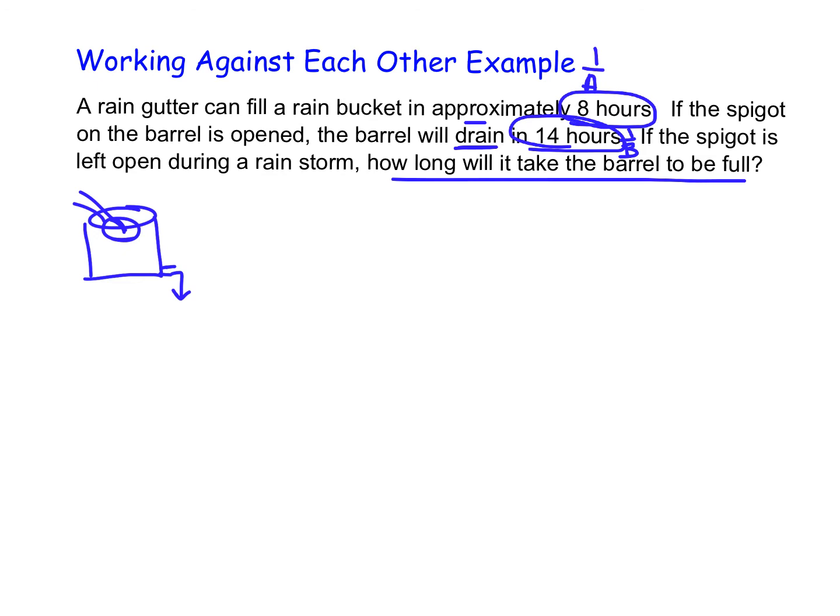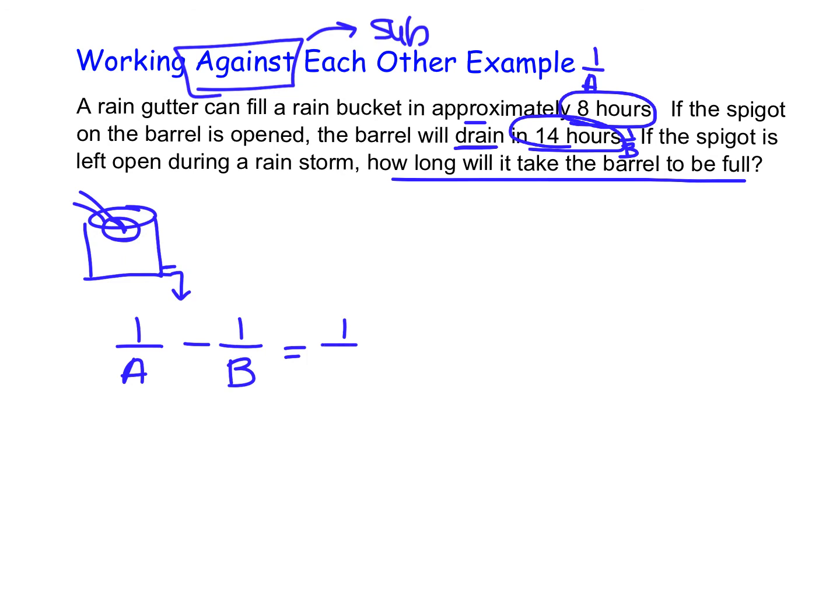So here, instead of it being a plus sign because they're working together, if we're working against each other, we're going to use subtraction. So here we're going to have 1 over A, which is what's helping fill the bucket, and we're going to subtract out what's emptying the bucket and find how long that's going to take in total.